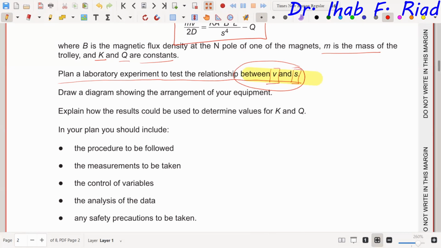Yes. So one of them we are going to fix, or set as we need, and the other one we are going to measure, right? Yes. So it is V and S. Which one are you going to decide is the dependent and which is the independent?